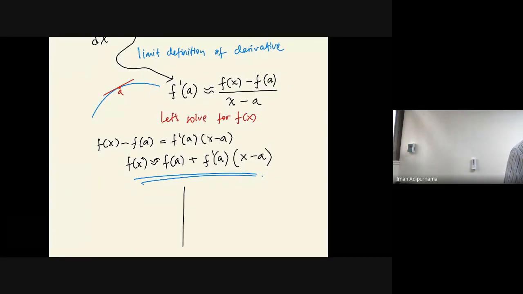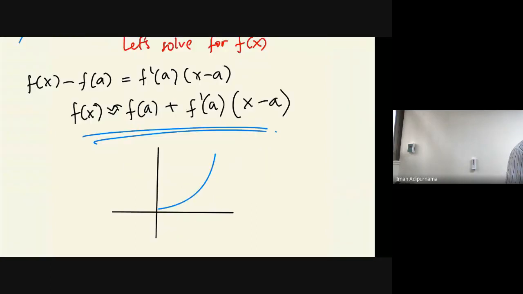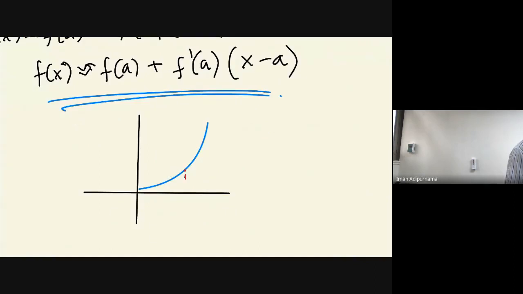let me draw functions, curve functions. Let's say this is x. Maybe x is a number that is difficult to compute.